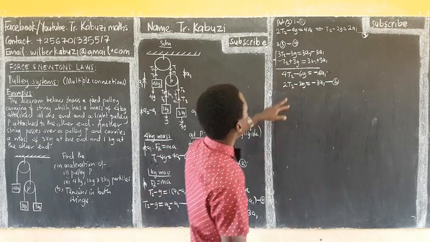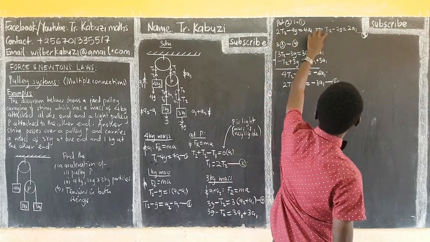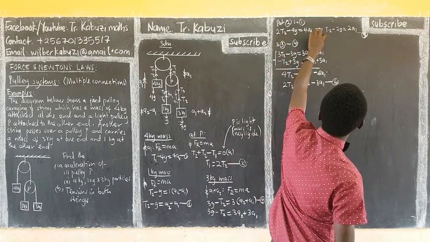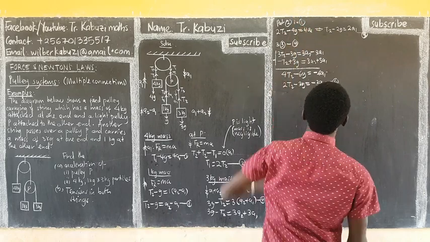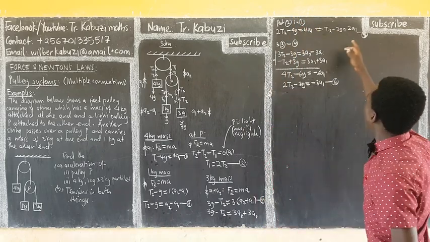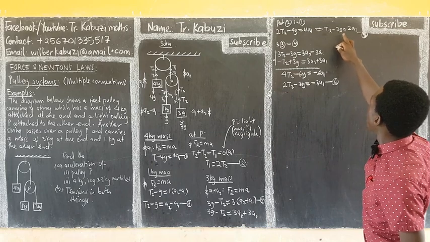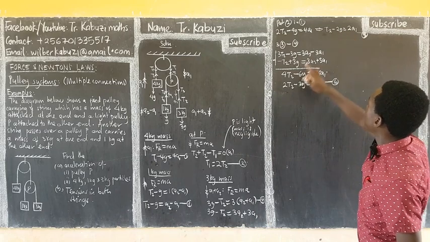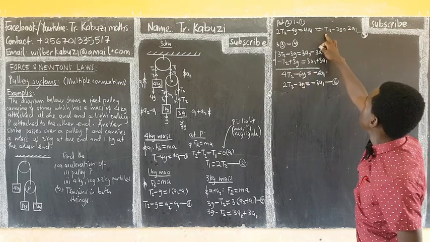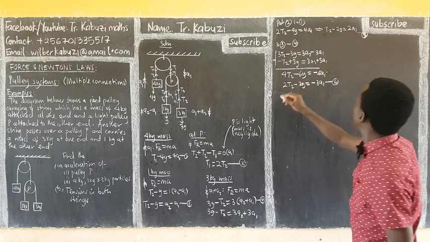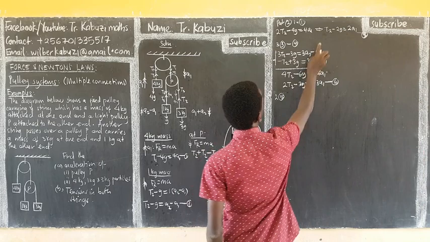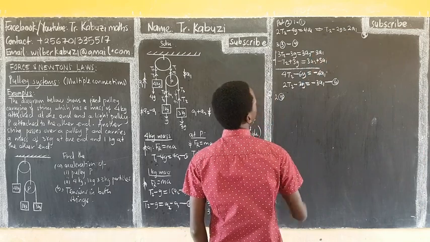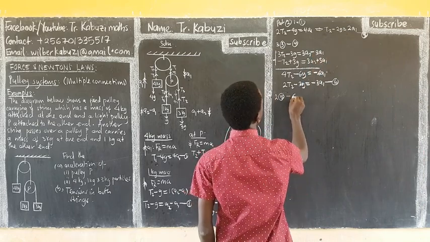Now you can easily eliminate any of these. What I'm going to do is multiply equation 5 by 2, so that I get this coefficient, then we subtract equation 6.